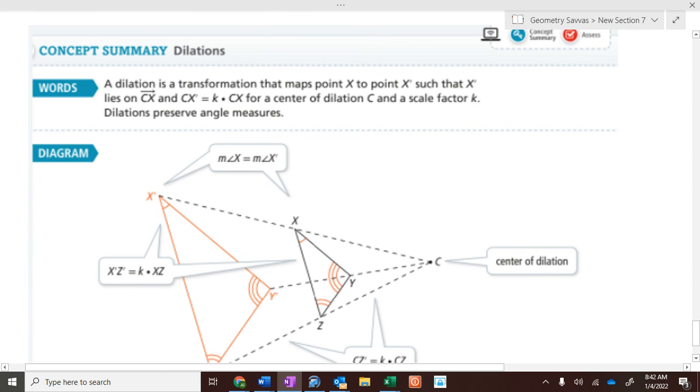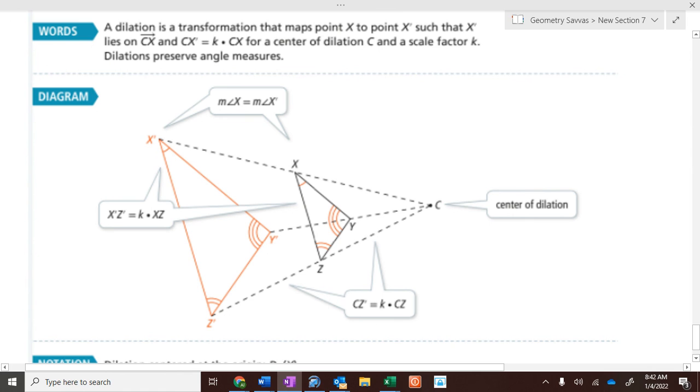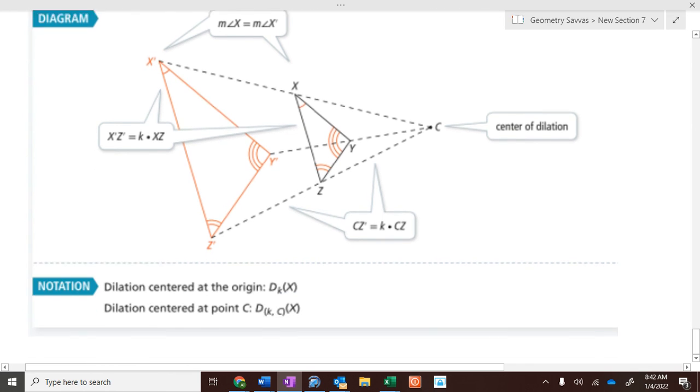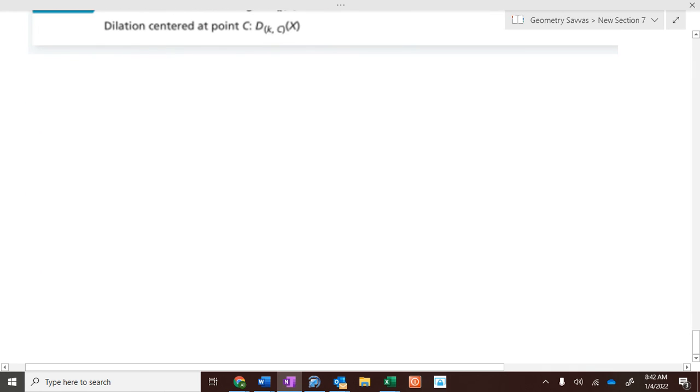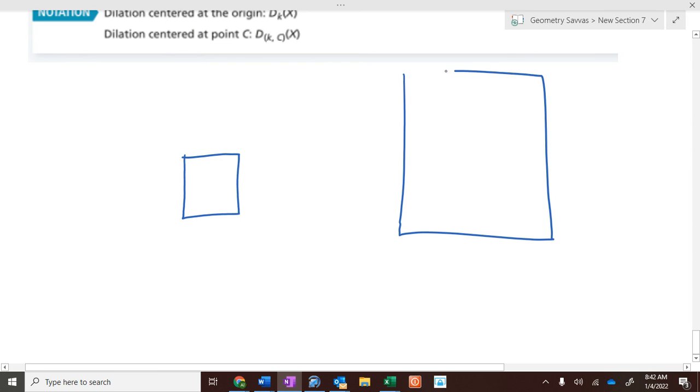All right, so a dilation makes something bigger or smaller. If the scale factor is bigger than 1, it's an enlargement. If the scale factor is smaller than 1, it's a reduction. Okay? And then when we talk about areas, okay, if this is 3 inches and this is 9 inches, what is my scale factor here? 3.